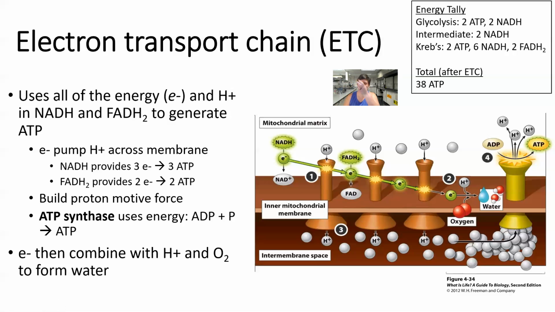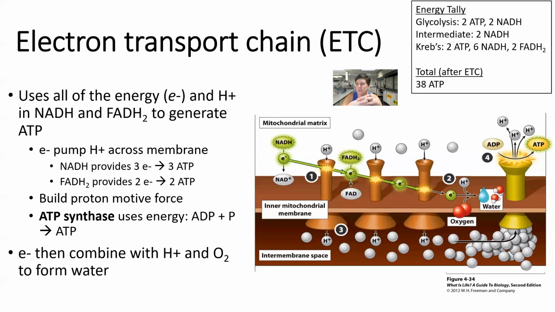But then you also have 2 FADH2, which gives us 1, 2 plus 1, 2, so 4. So that's 18 plus 4, which is 22 ATP via oxidative phosphorylation via the Krebs cycle, plus 6 plus 6. Okay, so that is a lot of ATP via oxidative phosphorylation.